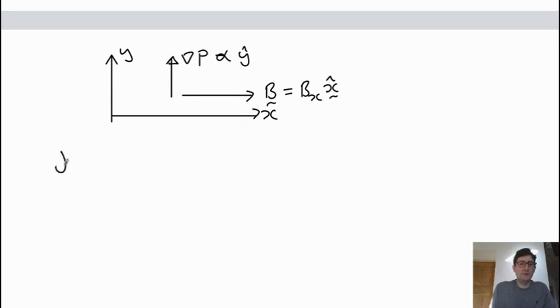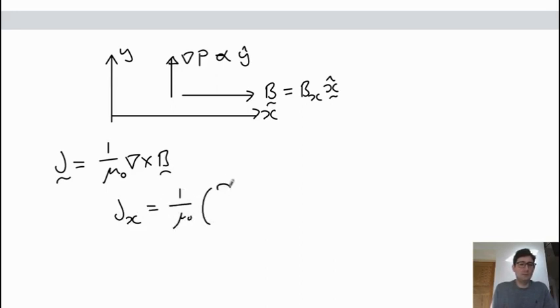Okay, so we need j cross B equals grad p, so we need to work out j. So j is 1 over mu naught curl of B. If you write down the curl, this gives us the various components. So jx is 1 over mu naught, we have dBz by dy minus dBy by dz. Now By and Bz are all 0, so these are 0.